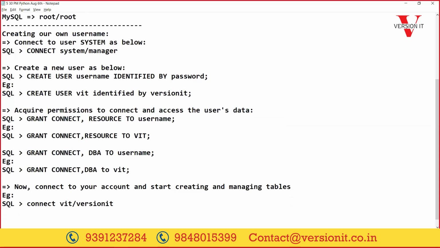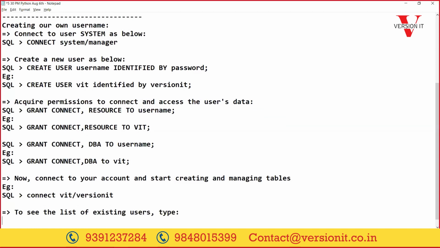Next, what I want to do here is see the list of existing users, who the users already available are. I can use the command select username from DBA underscore users.